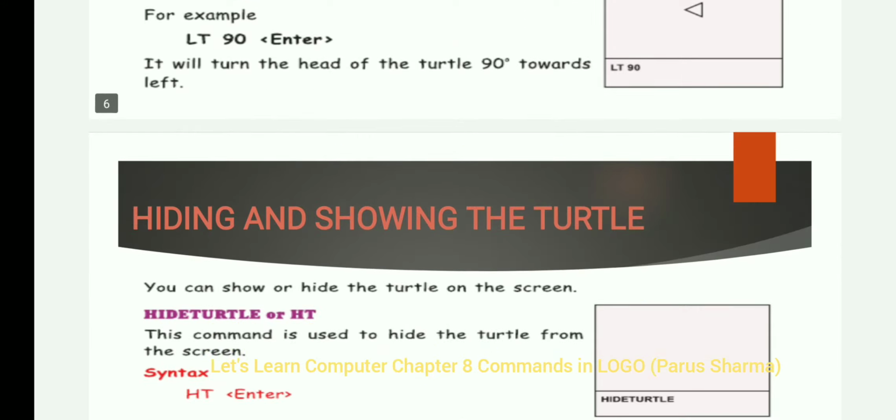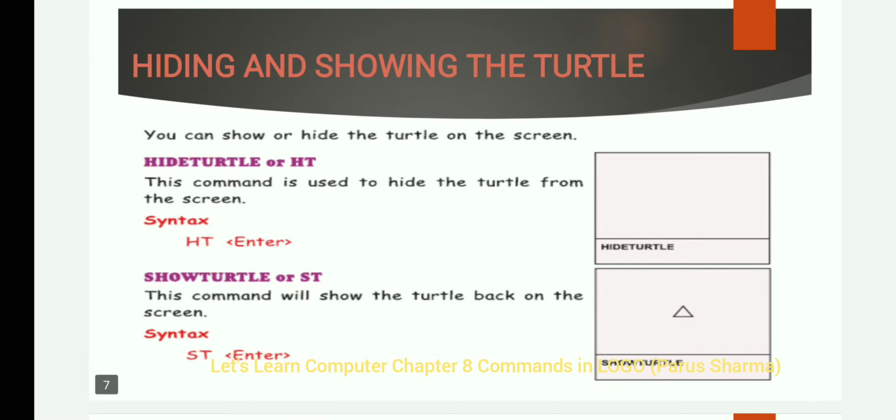Then we have the hiding and showing turtle commands. After making our drawing, we may want to show the turtle or hide the turtle. For hide turtle there is the HT command, the short form. These are the short forms of the commands. First we write hide turtle or HT in the command input box. In the last PPT I also told you that whatever commands we write in the command input box, we then press the execute button to run that command.